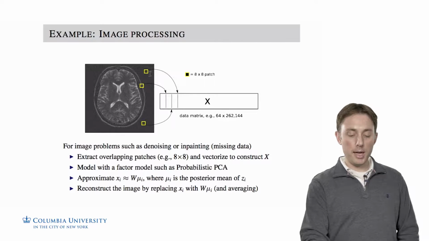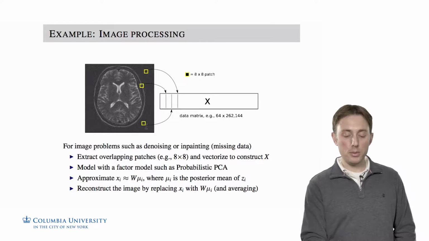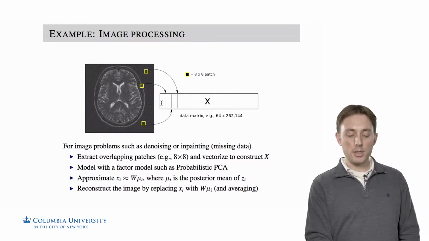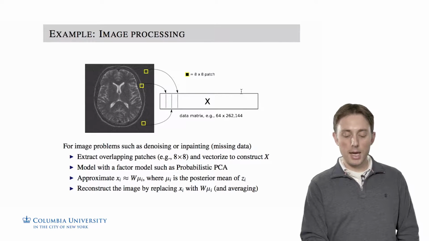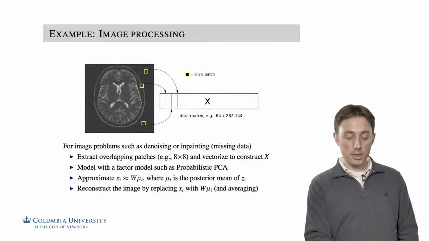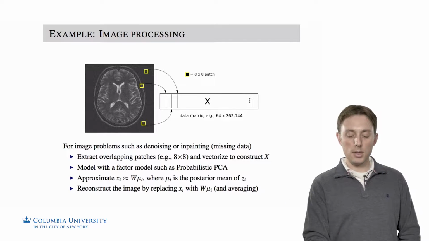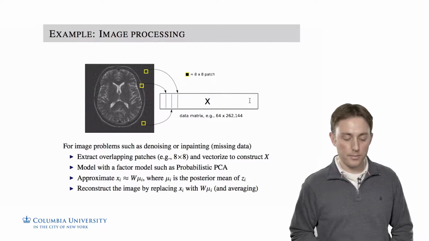So for this 8 by 8 patch, we extract it, vectorize it to be 64 dimensions, and put that along a column of a matrix. And we do that for every patch. So we get many patches, and that constitutes this matrix X, which is 64 by roughly this many pixels. So there's about 250,000 of these columns in the data matrix.